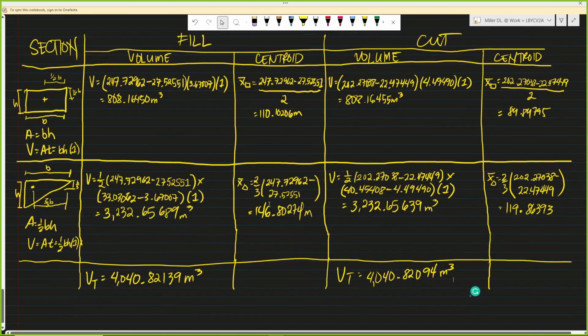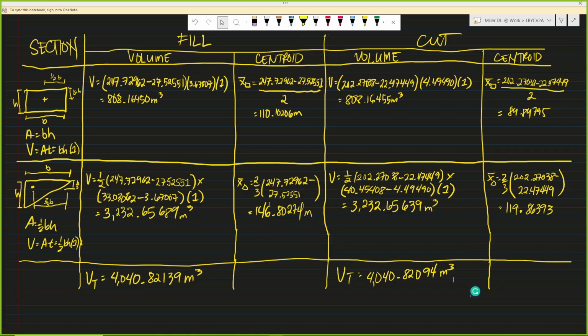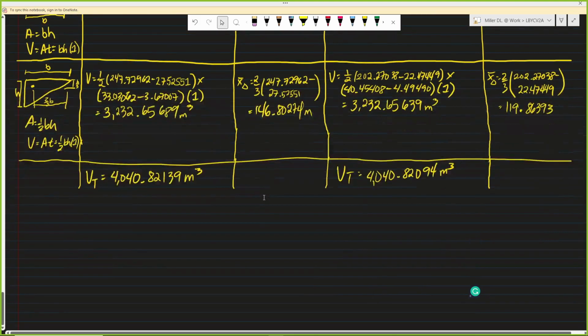Okay? Next, as for the centroid naman, ano kayang gagawin natin sa centroid? Dito sa centroid, we will apply the Varignon's theorem.